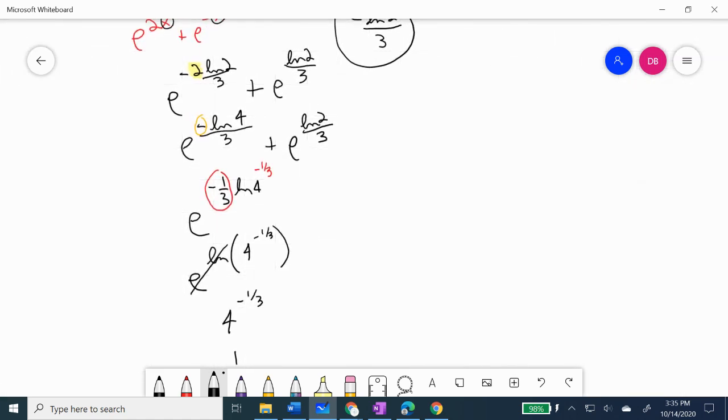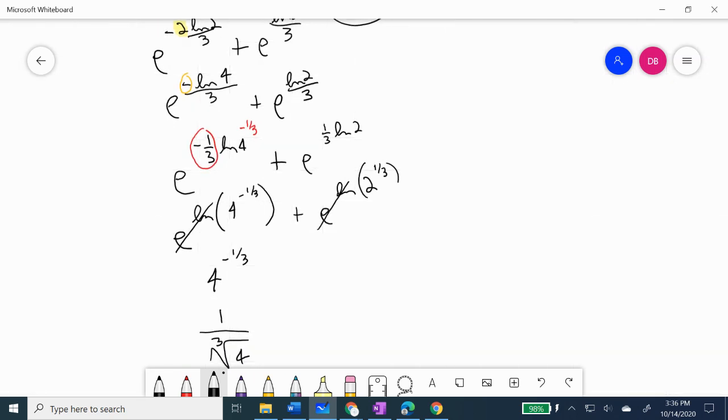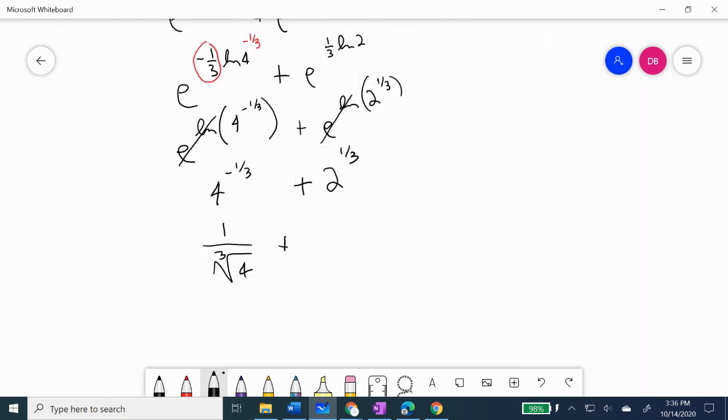Then the plus part. This is e to the 1/3 times the natural log of 2. I can make the 1/3 become an exponent inside my logarithm. So it's 2 to the 1/3 power. And then e to the power of natural log can cancel each other out, and I have plus 2 to the 1/3 power, which is the cube root of 2.